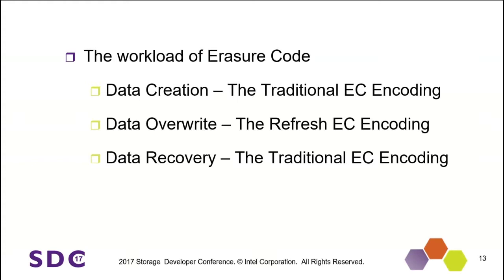After the introduction of Refraction encoding, let's review the workload of Erasure code. For data recovery, the traditional EC encoding is unavoidable, and for data creation, traditional EC encoding is also applied. But for data overwrite, we can use the Refraction EC encoding instead of the traditional EC encoding.